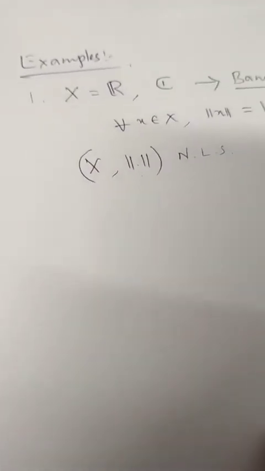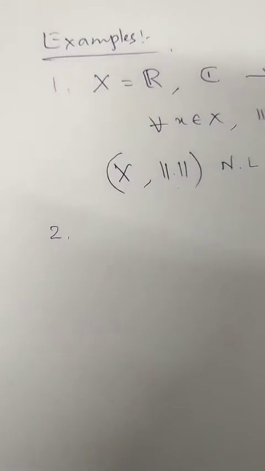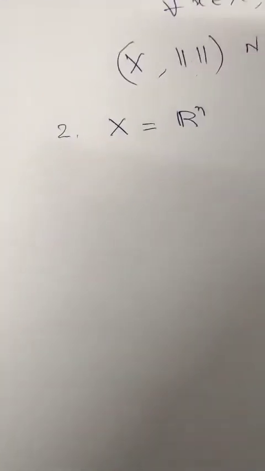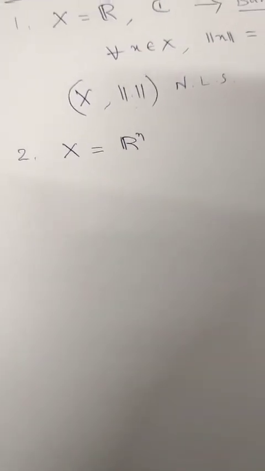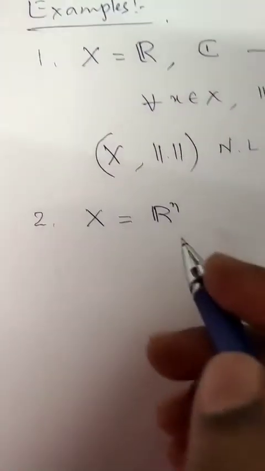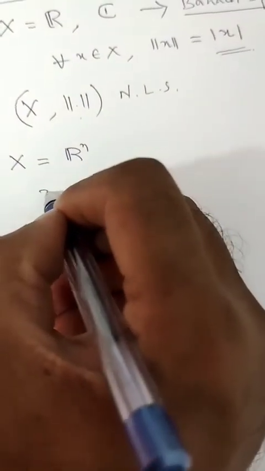Now let's come to R2, R3 and so on. In general, I will take up R^n. X is R^n, the n-dimensional space. Now here, how does x in X look?